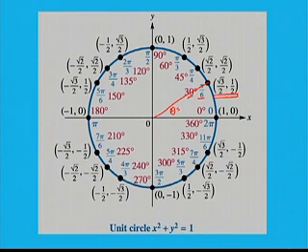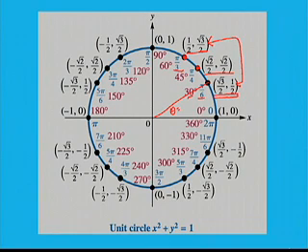Now, we can look at the other points on this circle, for instance, pi over 4, which is the equivalent of 45 degrees, and here would be my x comma y value. 60 degrees is the same as pi over 3, and what I want to point out to you is the relationship between these two points.